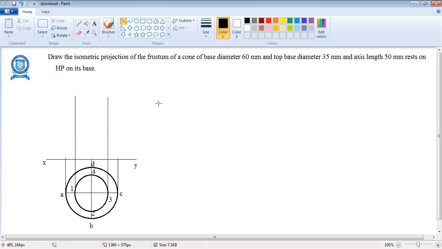Okay. In the next step, they have given us the axis length as 50 mm. So we have to mark a 50 mm line from XY and mark it here.